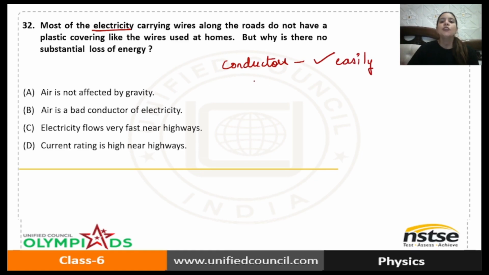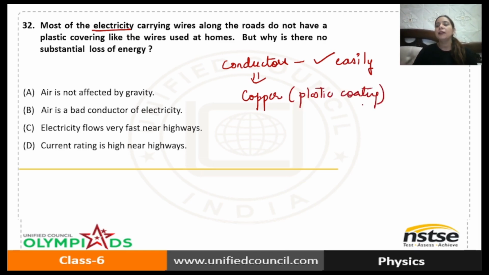Like at home, the wires used for electrical transmission are made up of copper. And copper wires are well insulated with plastic coating. Why is it well insulated? Because plastic is an insulator and we are covering it with plastic coating.